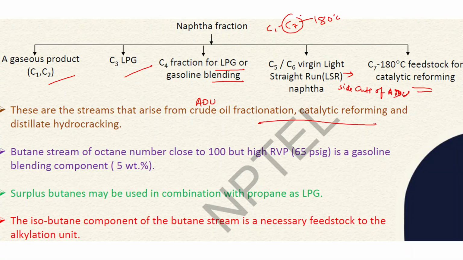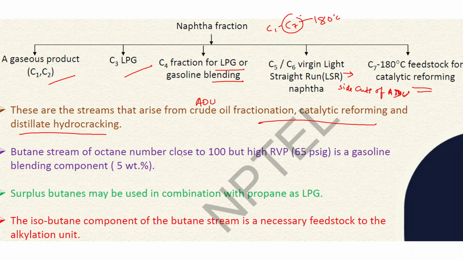Also, we can get naphtha from catalytic reforming and from distillate hydrocracking. A butane stream of octane number close to 100 but high RVP is a gasoline blending component.